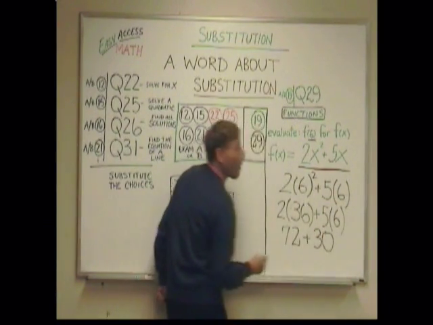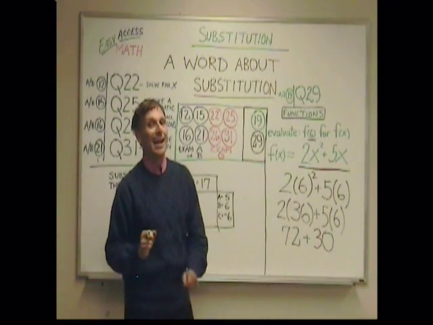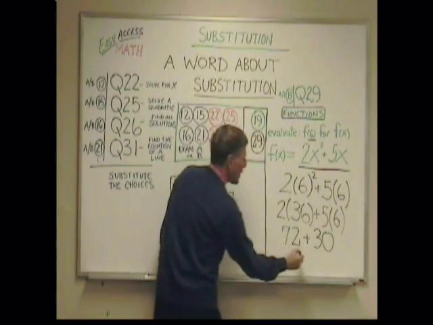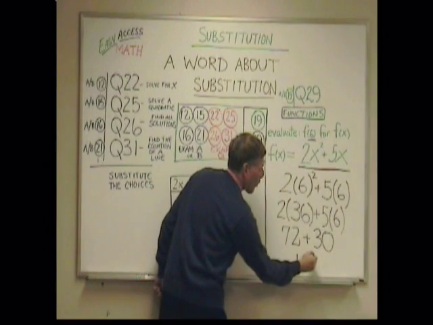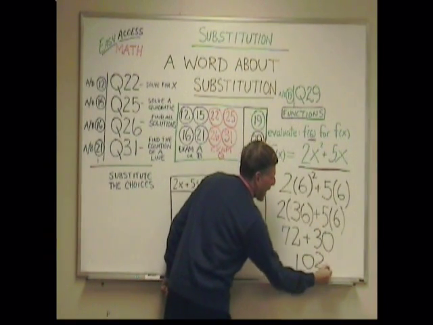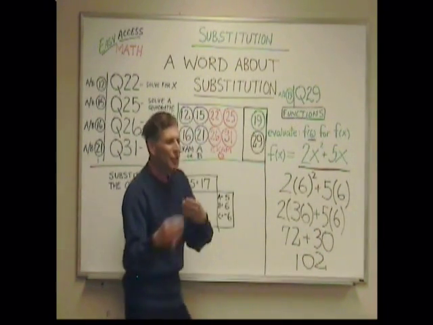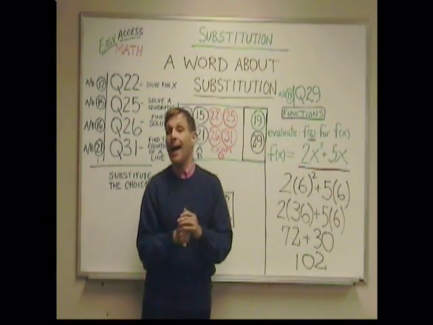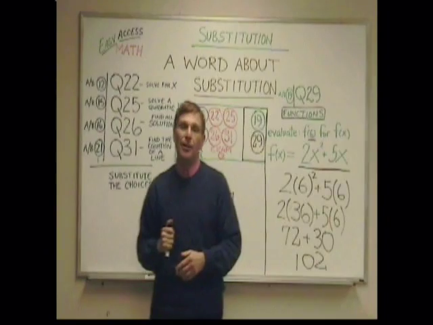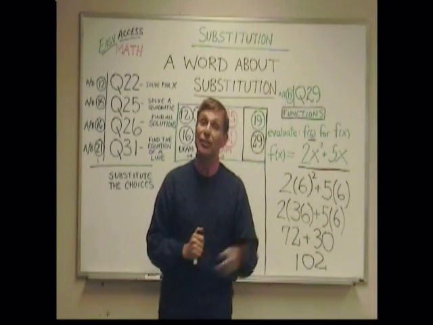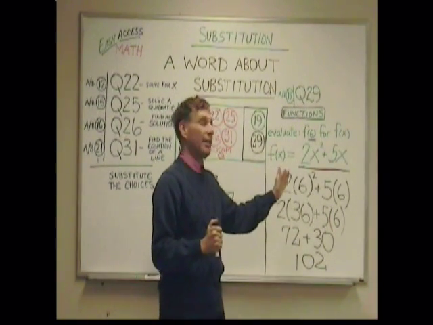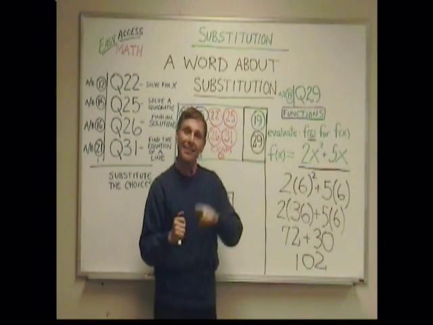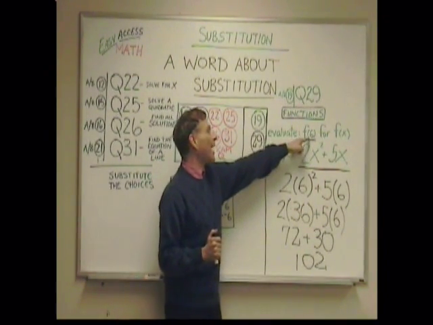Remember, I'm doing my multiplication first, addition last. Order of operations. And 72 plus 30, my answer, 102. Remember, watch your rules of signed numbers, adding, subtracting, multiplying, dividing, and order of operations come into play with functions. But the substitution with functions is the number in the problem, not the choices.